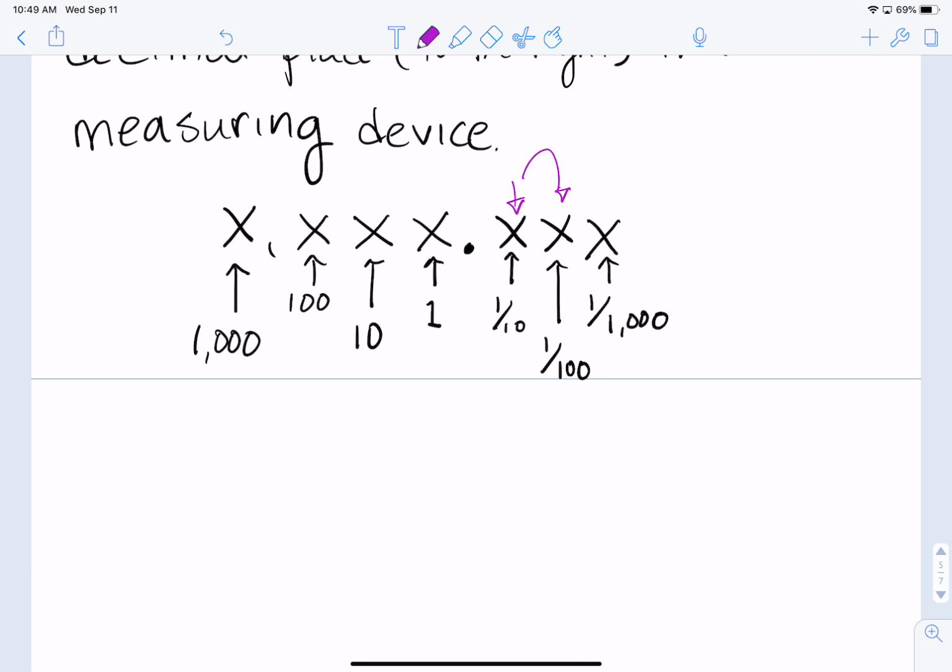So if you measured it and it looked like it was on the ruler at about 9.2, like right there, whatever it is, you don't report it as 9.2.